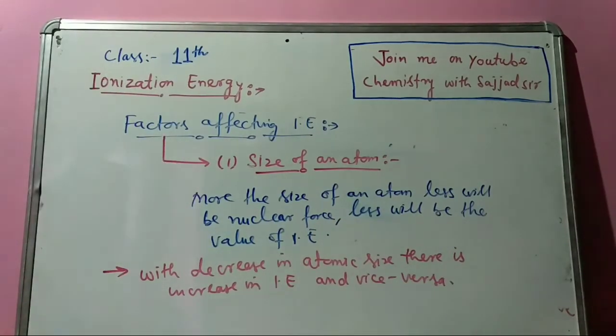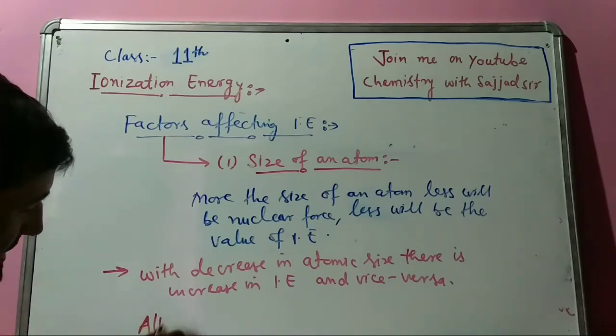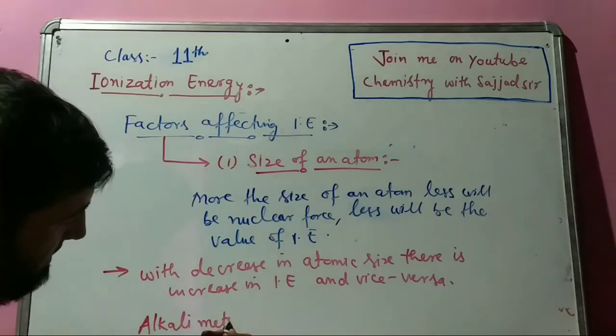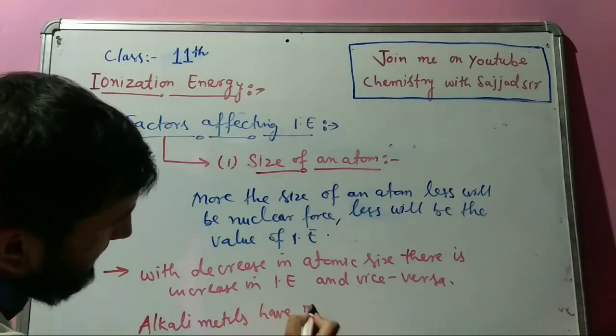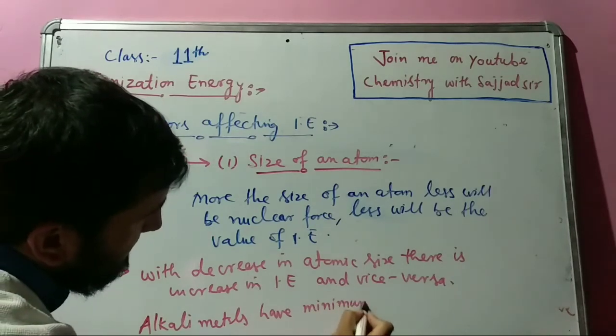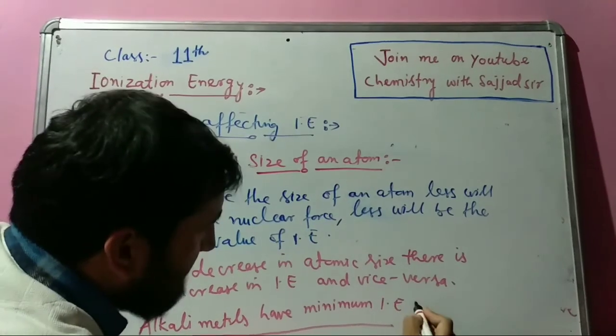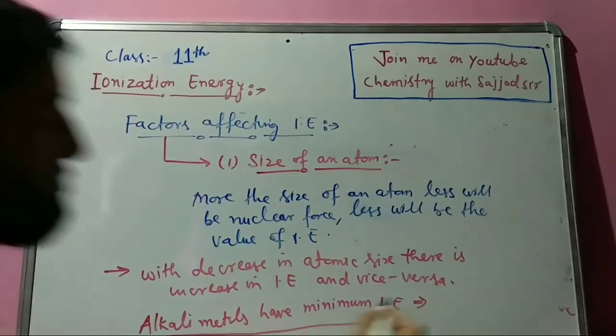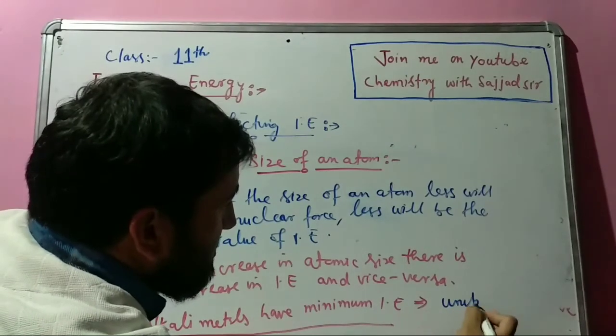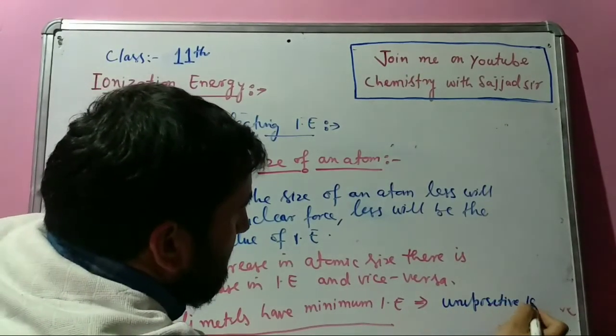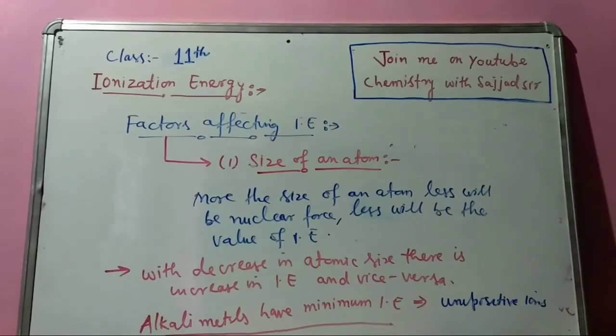For example, among the periodic table, the first group of elements, that is alkali metals, have the highest atomic size, so they have the minimum ionization energy in the respective period. So hence we can say that these alkali metals have the maximum tendency to form the unipositive ions, and hence these alkali metals are electropositive.